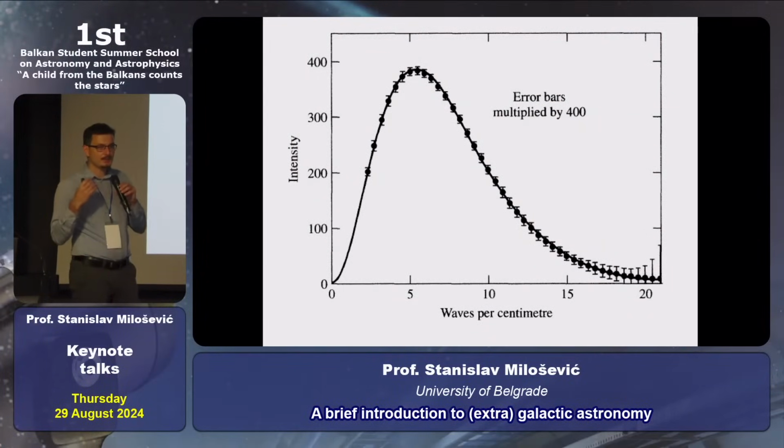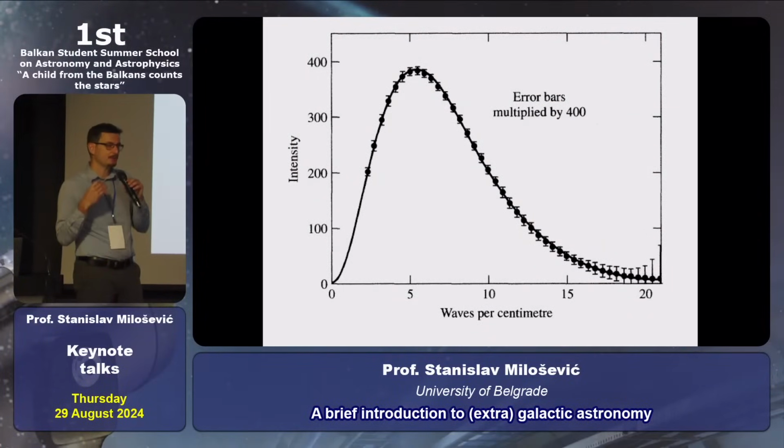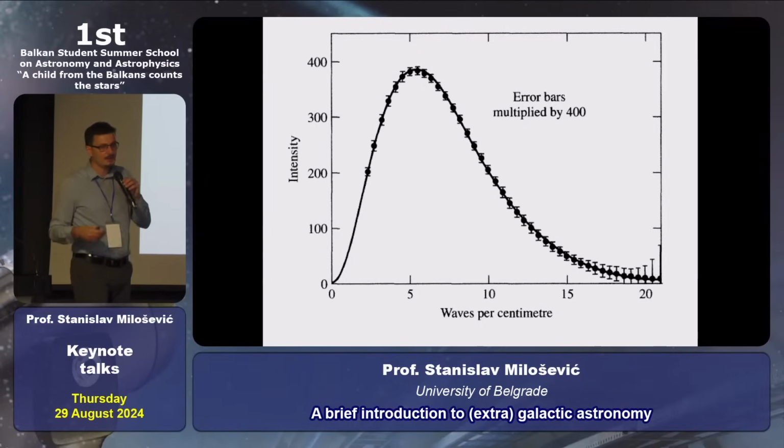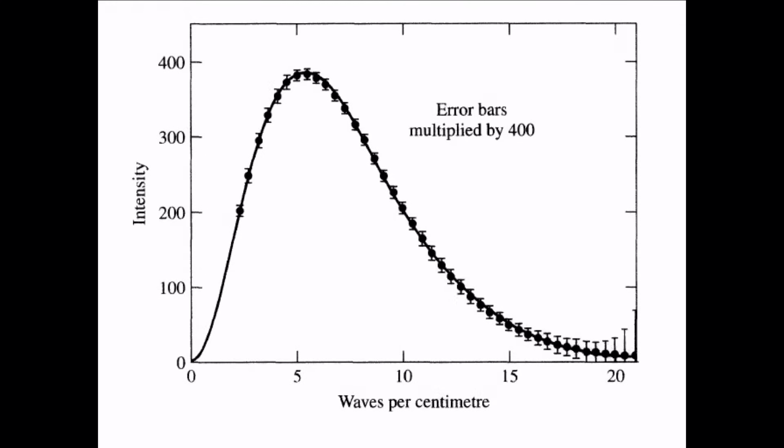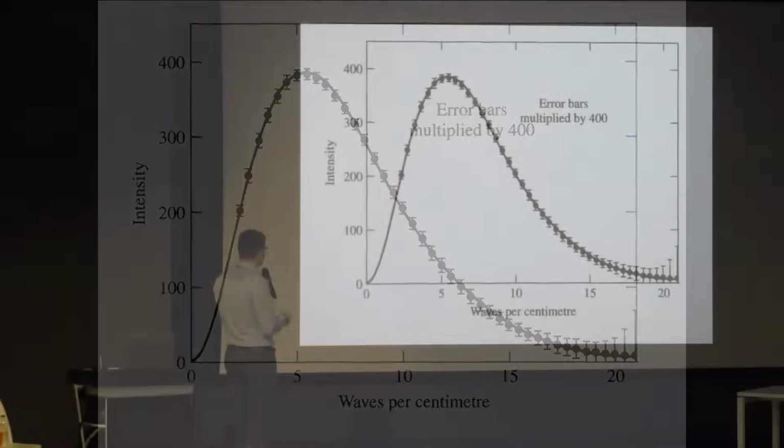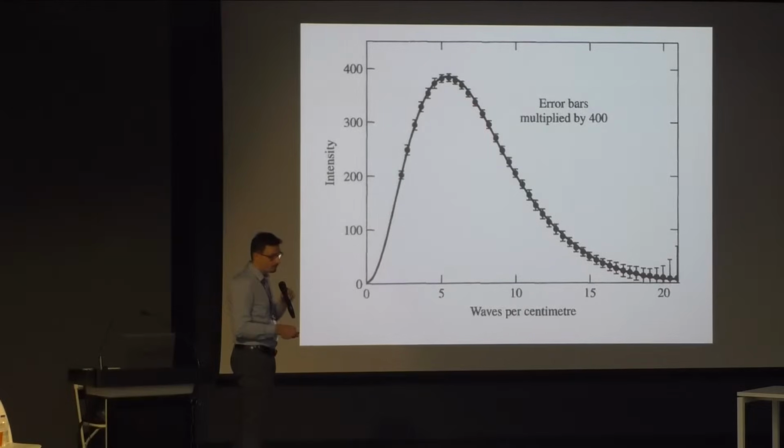When we talk about how stars emit their light, we say the spectrum of the star is the same as the spectrum of the black body. But that's just an approximation, okay? This is not an approximation. When we measure, this line is a theoretical prediction, Planck's law, okay?